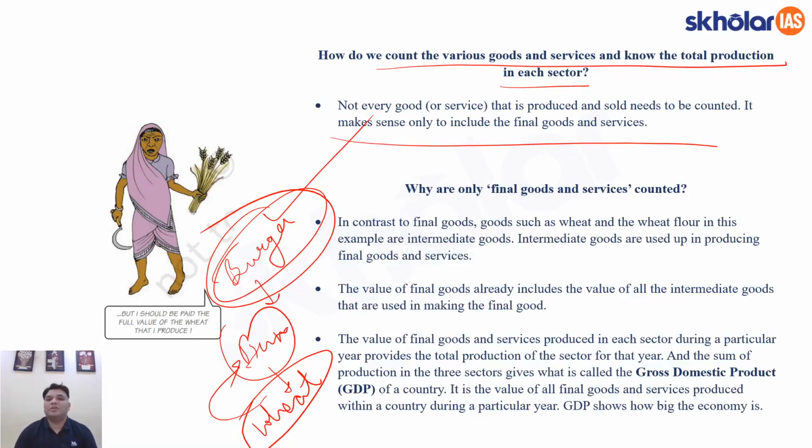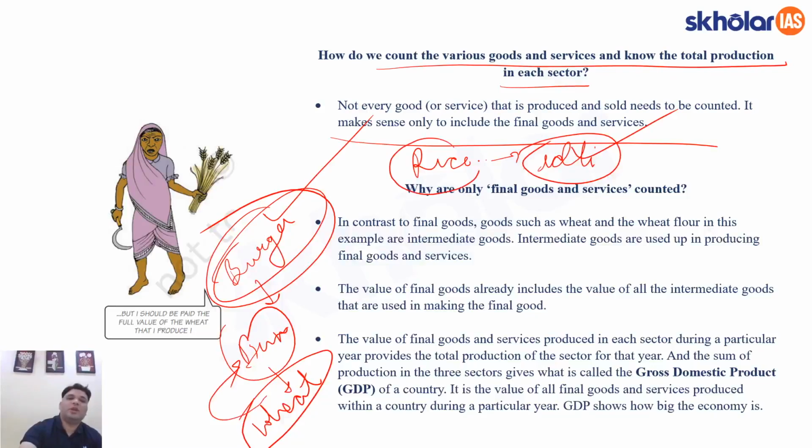जो final goods and services हैं, उन्हें आपको गिनना है, right? जैसे 1 kg of rice is sold to a shop, and then that 1 kg of rice is used to make idli. So you rather count idli ka price. 1 kg of rice which was sold at 20 rupees, you don't count that. But that 1 kg of rice से हमने, rather हम कह सकते कि, 10 plates of idli बनाई, and the cost of 10 plates of idli is 100 rupees.